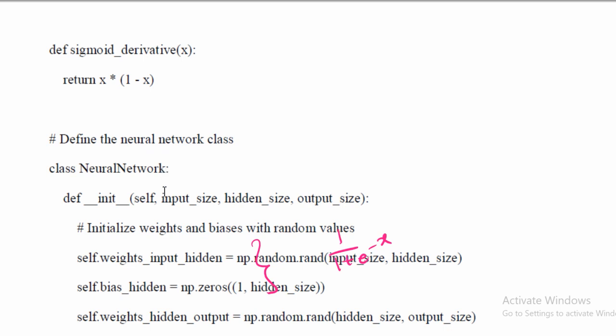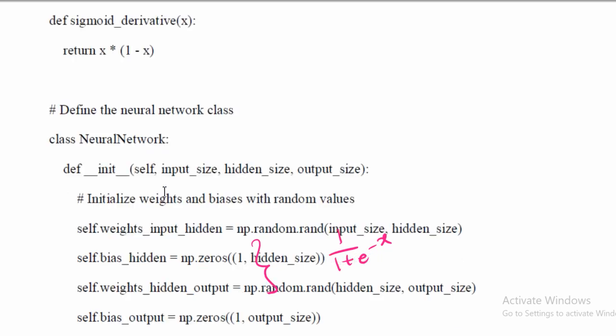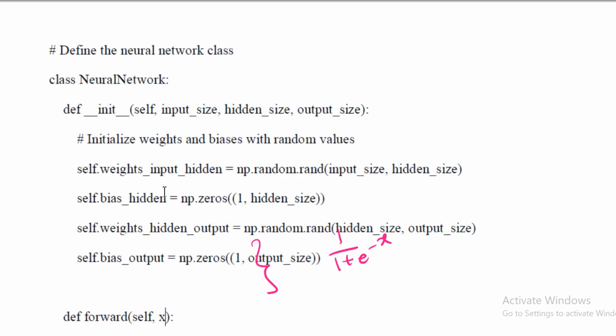Now I am defining a class of neural network, where it will take the parameters input size, hidden size, and output size. Here I begin with just the initialization of weights and biases with random values. Generally you can take the bias as 0 and weights as any random values. So that's what I have taken here.